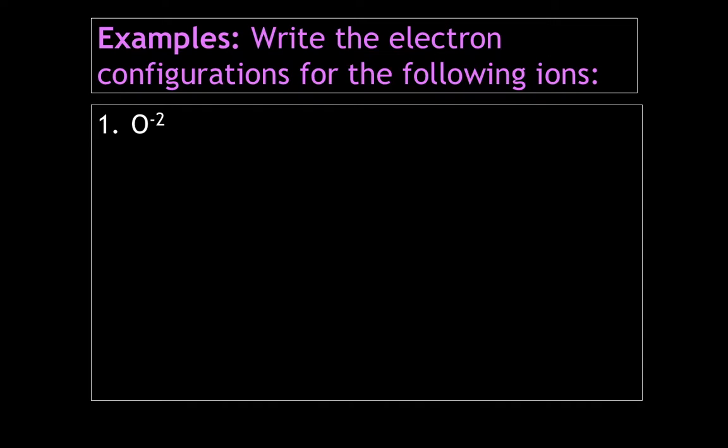How I like to do it, I like to first do the neutral electron configuration first. So the electron configuration for just the neutral oxygen is 1s2, 2s2, 2p4.